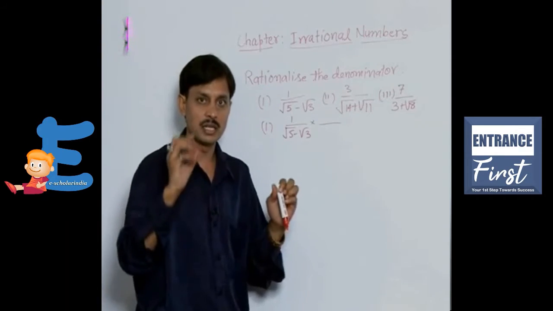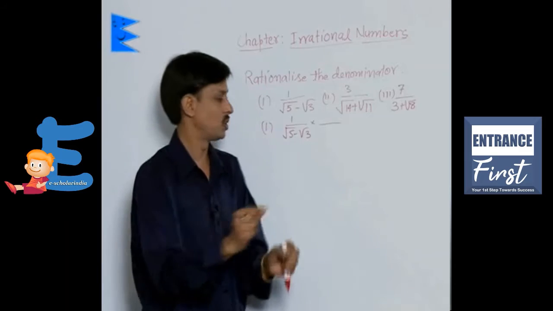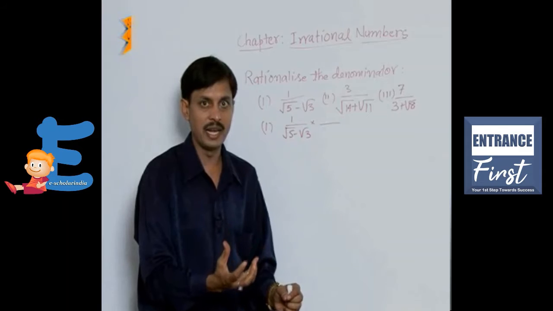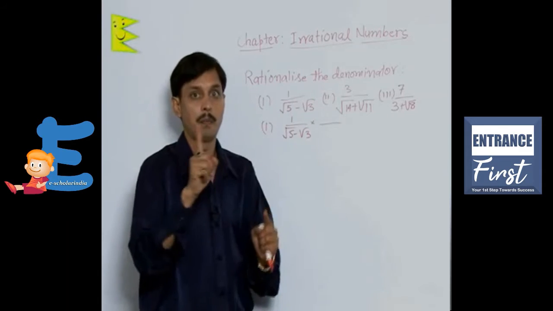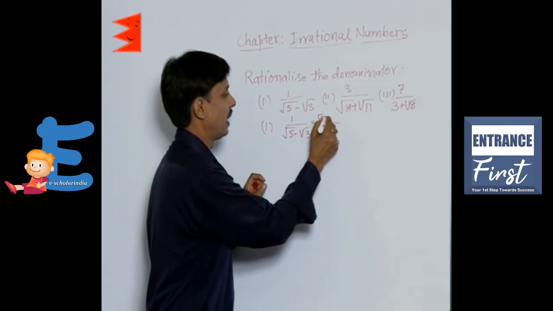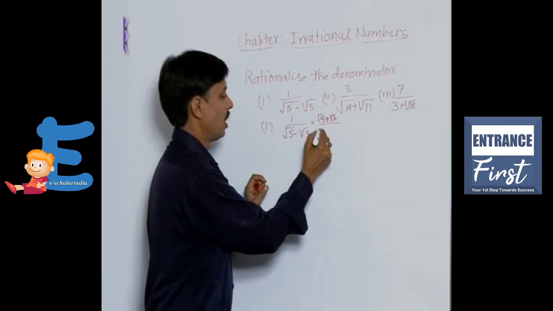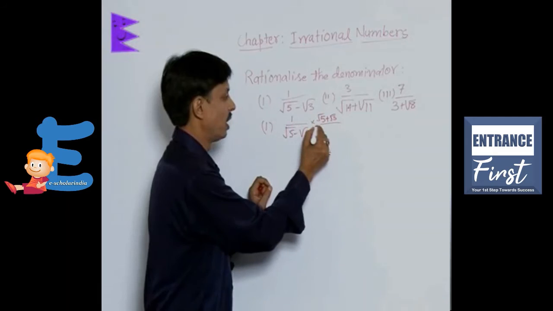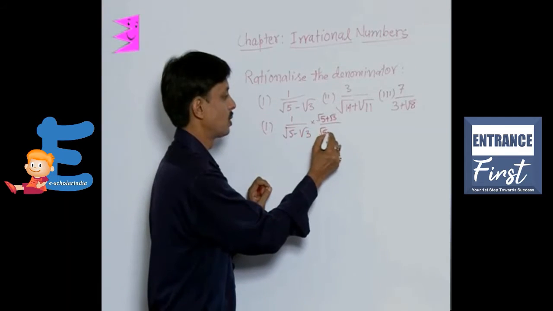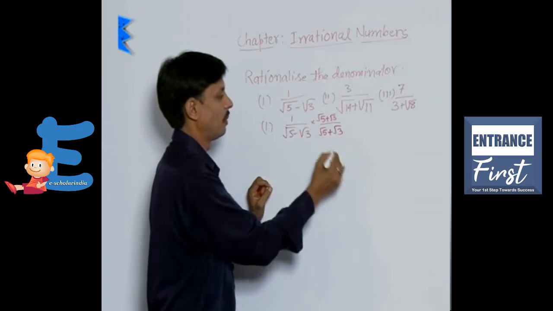If I change the sign between the two terms, here it is root 5 minus root 3. If I change the sign, I will get root 5 plus root 3. So I need to multiply it by root 5 plus root 3. The numerator is multiplied, that is 1 is multiplied. Then to keep the value the same, the denominator is also multiplied with the same number.